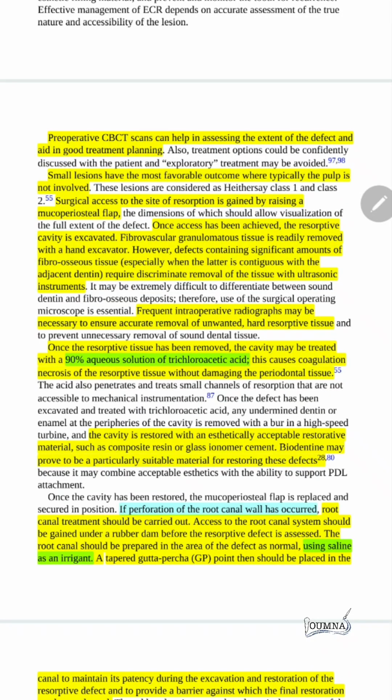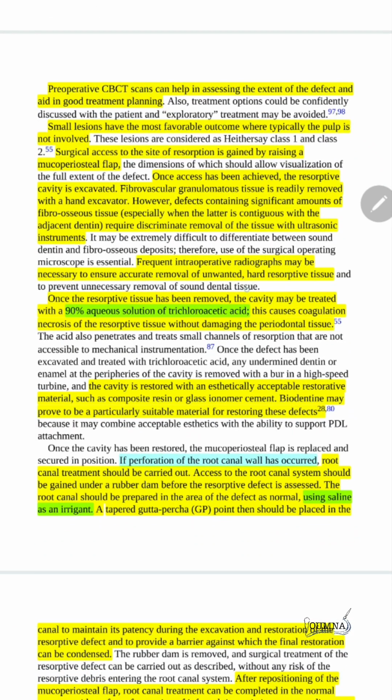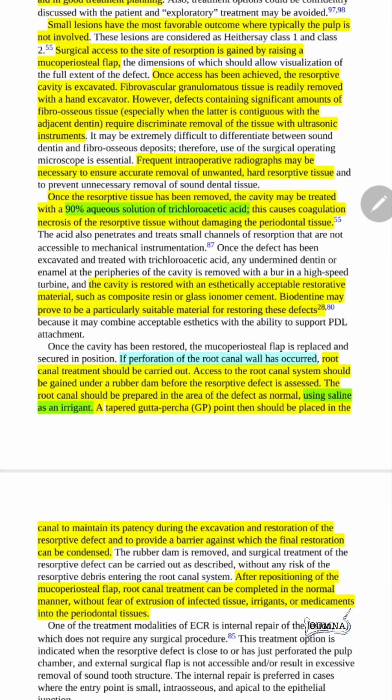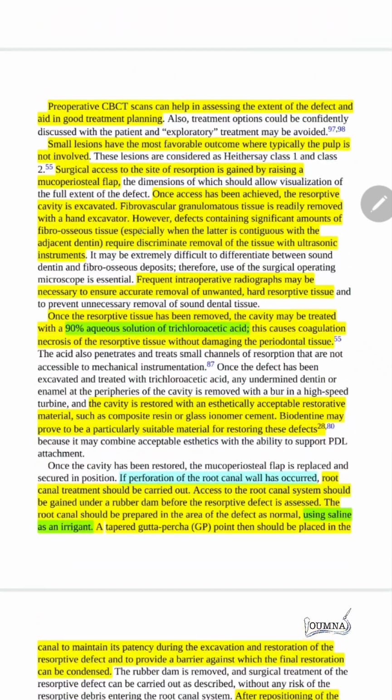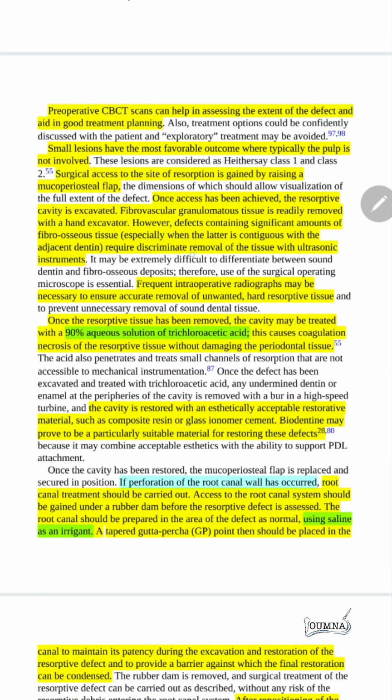So how do we manage the cervical root resorption? After we diagnosed the case and took the radiographic images, and CBCT is recommended to know the extension and the site, we first do a surgical mucoperiosteal flap.